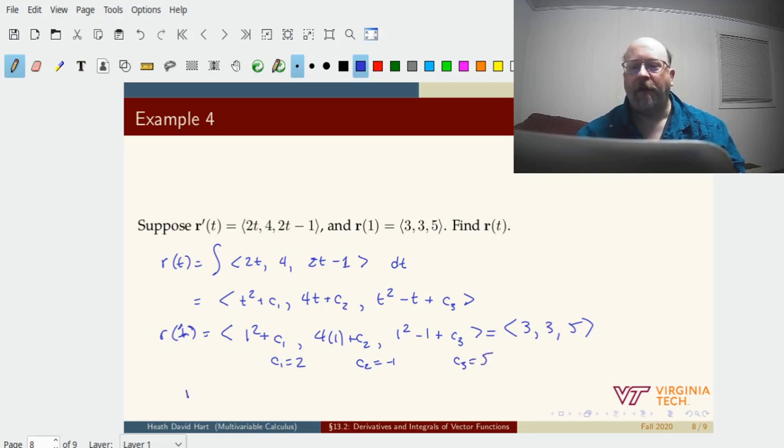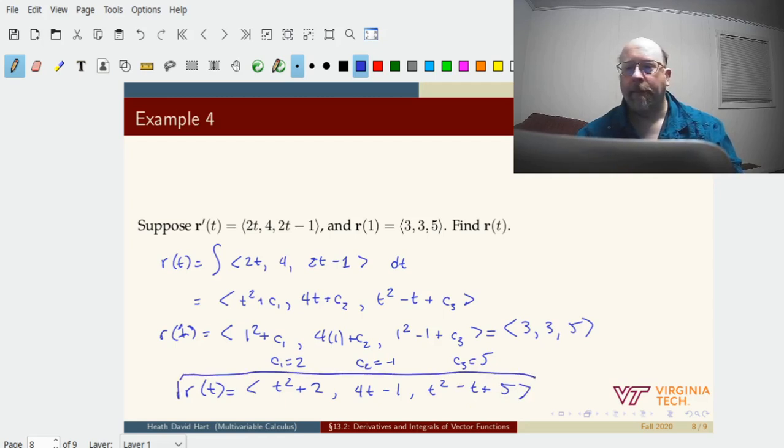And so for my final answer, I get the vector t squared plus 2, 4t minus 1, and t squared minus t plus 5.